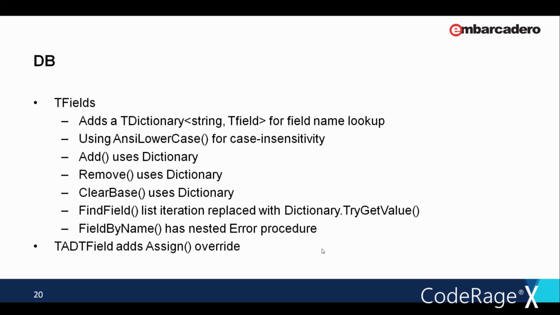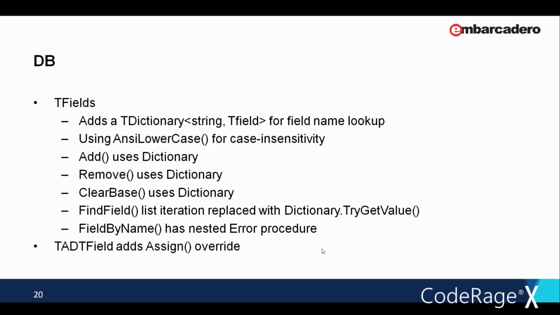For the database itself, this was probably my number one appreciated performance improvement change under T fields, was adding a dictionary for looking up a field name. The ANSI lowercase call is used on the field name to make the field name matches case insensitive, so you should be aware of how the case insensitivity is achieved for that dictionary.